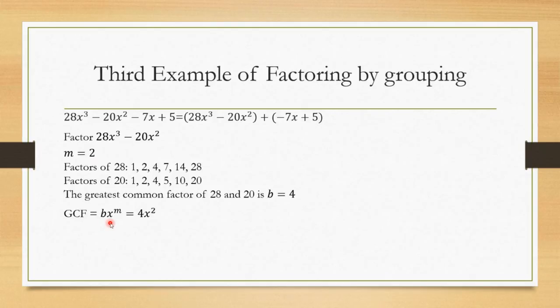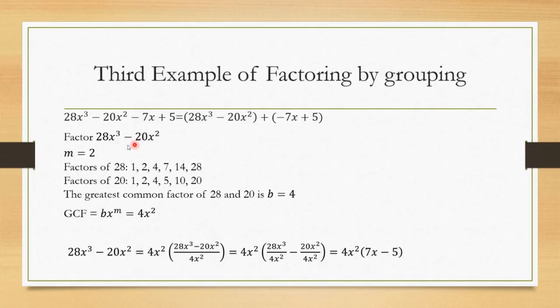So we're going to factor out 4x squared from this group. We're just taking out common factors from the first group. Because the smallest power of x is x squared, m is 2. The greatest common factor of the numbers is 4. So we're factoring that out.